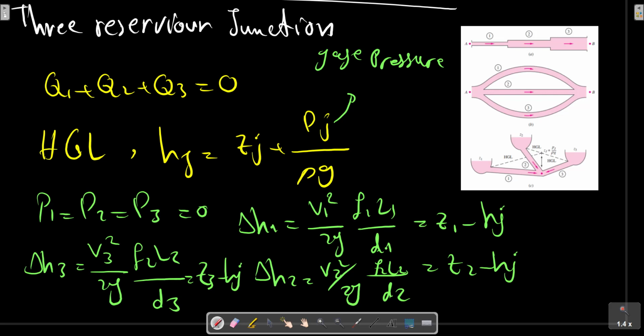According to this relation, if you guess Hj too high, the summation of flow rates will be negative, and the remedy is to reduce Hj, and vice versa. So if Hj is guessed too high, we may obtain negative Q1, Q2 and Q3. So in the next case we should decrease Hj.